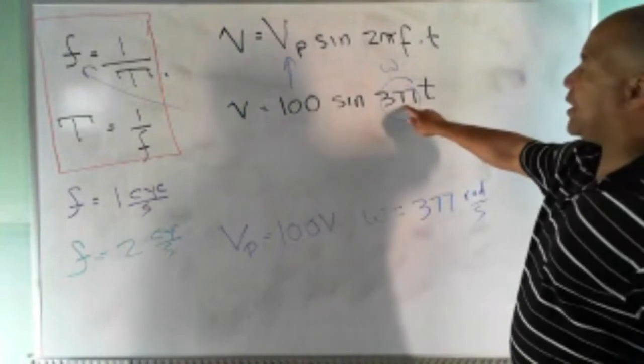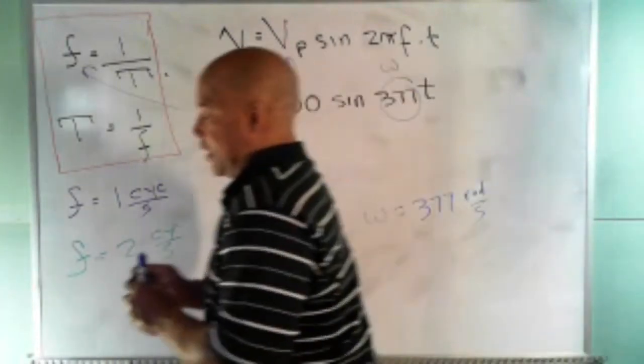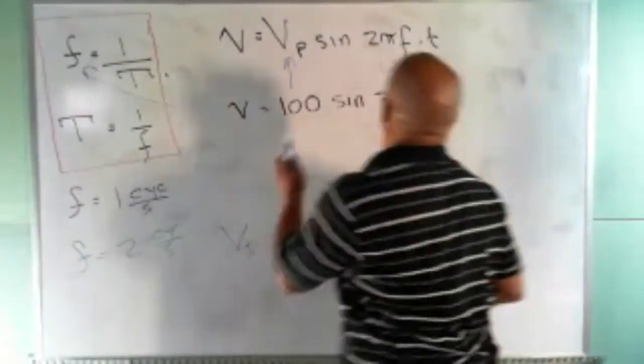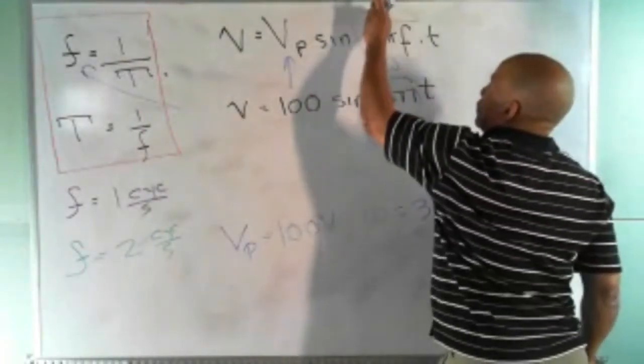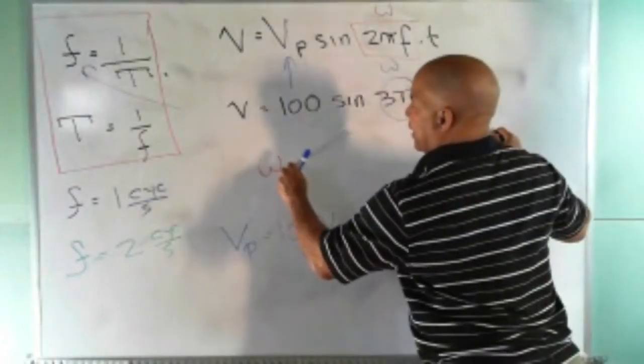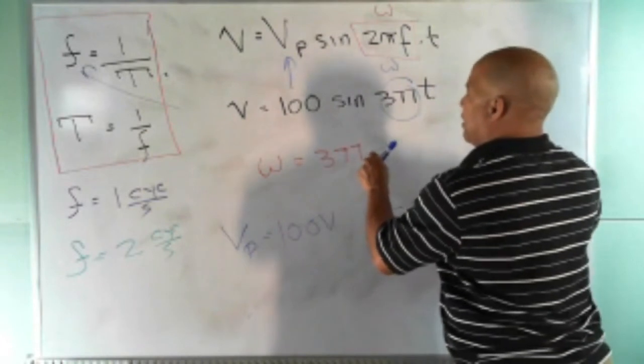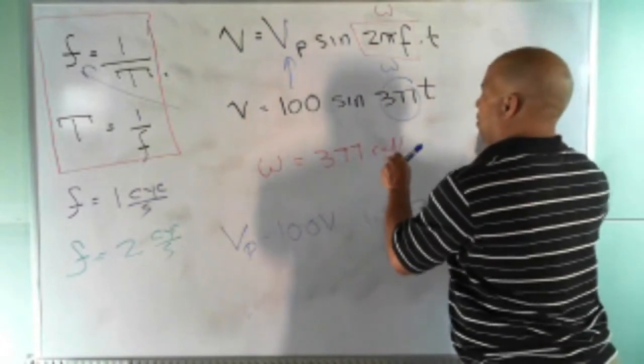Since I know that this right here is omega, then that means that omega is equal to 377 radians per second.